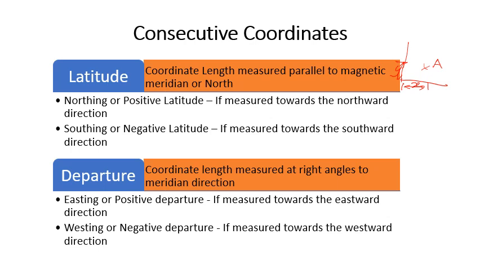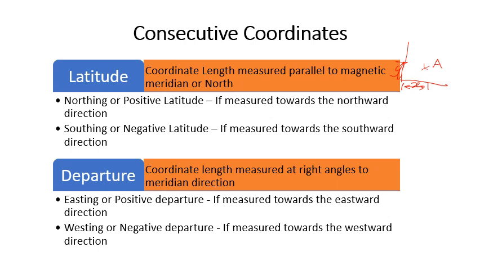These are also two distances or two parameters which can be used to define the position of a point on the surface of the earth. So let us see how we are going to define latitude and departure.